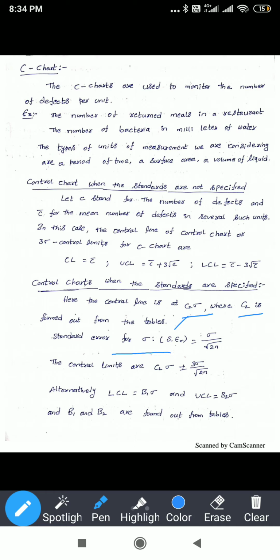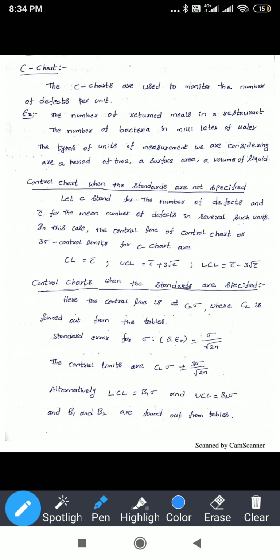Standard error sigma is sigma by square root of 2n. These are the central limits. Alternatively, for LCL you use B1 sigma and for UCL B2 sigma, where B1 and B2 are found from the tables.